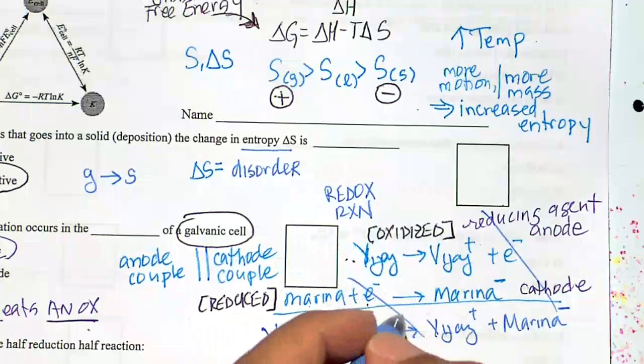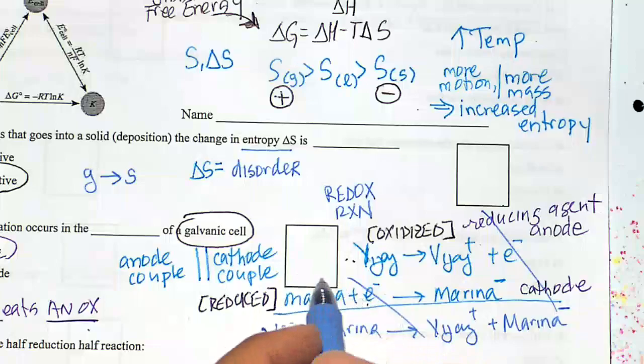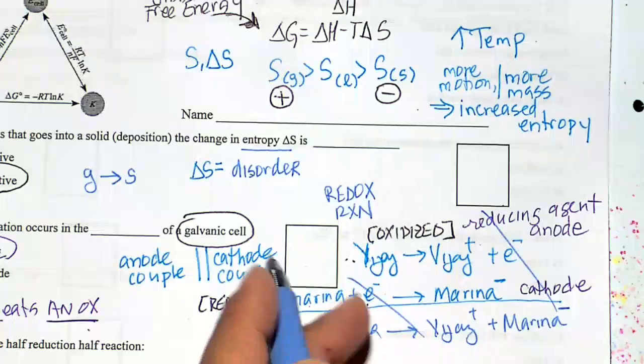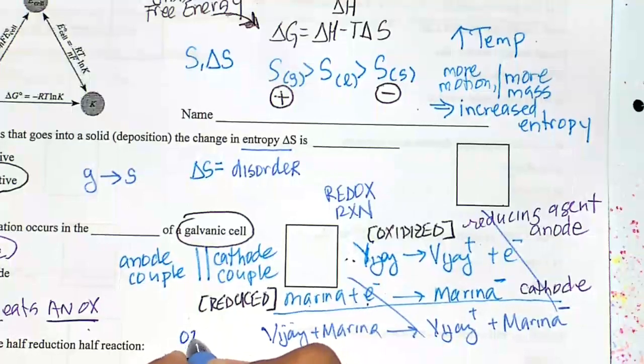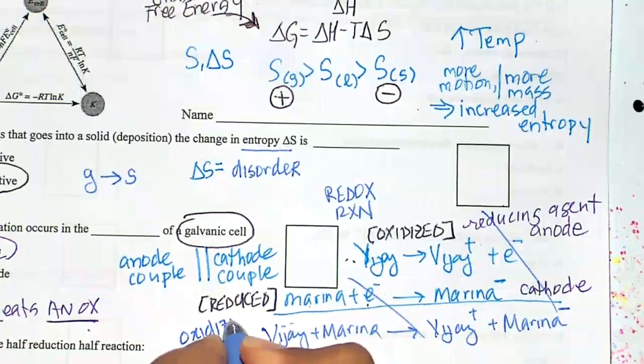All right, let's look at Marina. She gets reduced. She is the agent that causes my oxidation. She, by getting reduced, caused my oxidation. So she is the oxidizing agent.